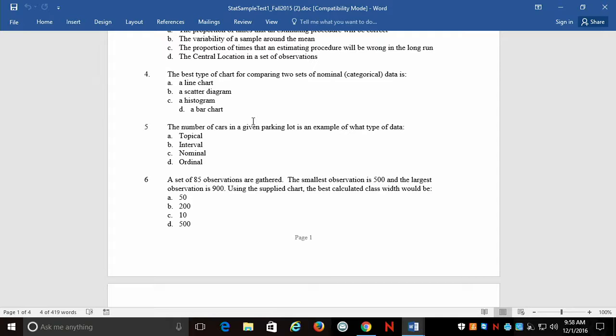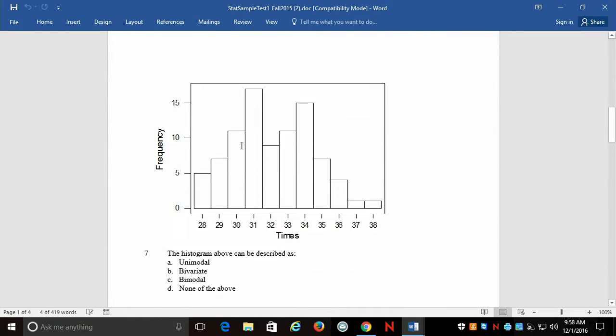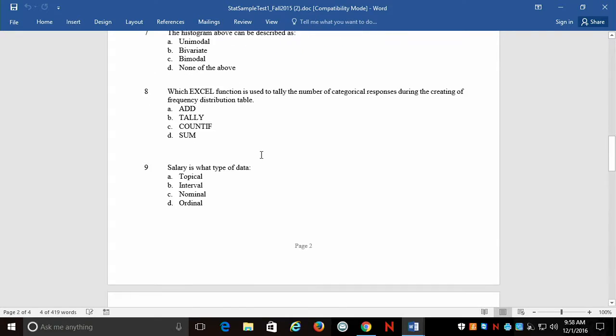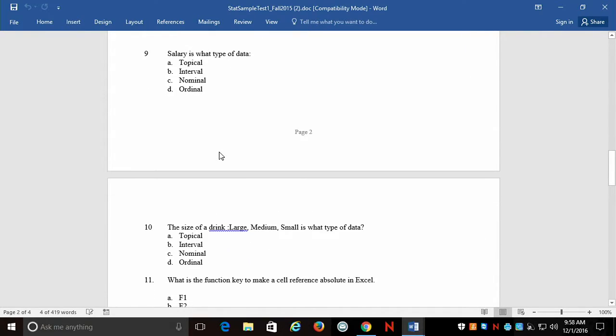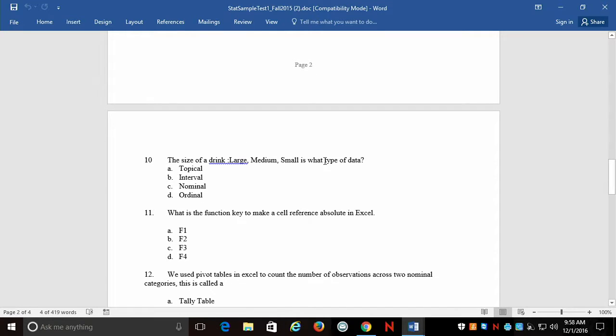Nominal, very good. If there's a ranking to it, however, that's ordinal. So there'll be a couple on that, if you recall those types of data. Salaries, what type of data? Anytime it's money, it's interval. Large, medium, small.